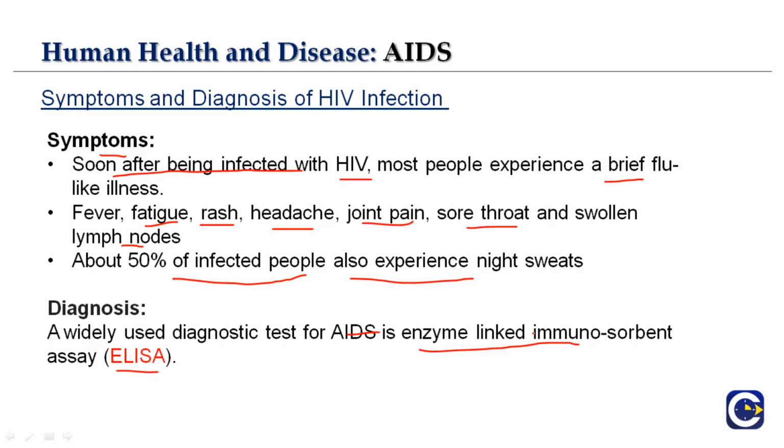ELISA is simple and relatively inexpensive, but false positive reactions are common in this test. But they have made some modifications to this ELISA test, because this is a highly specific test that they use for detecting AIDS or HIV. These modifications have enhanced this method to an advanced level.